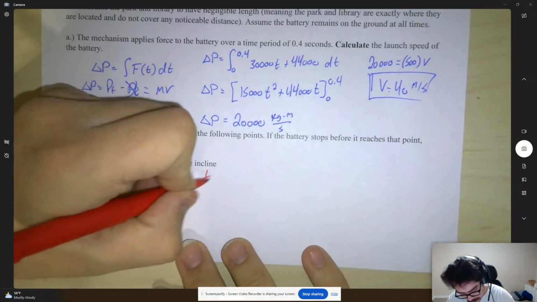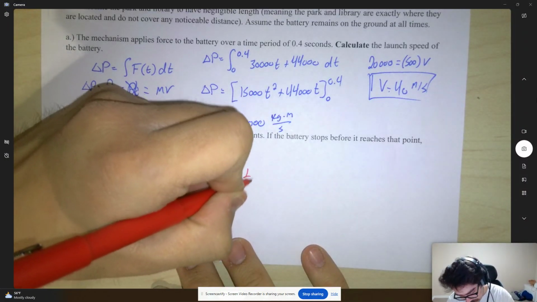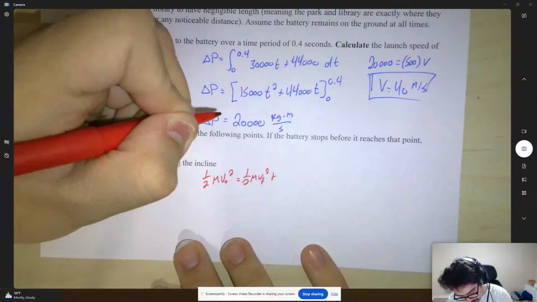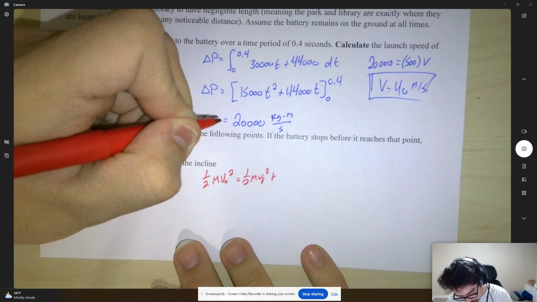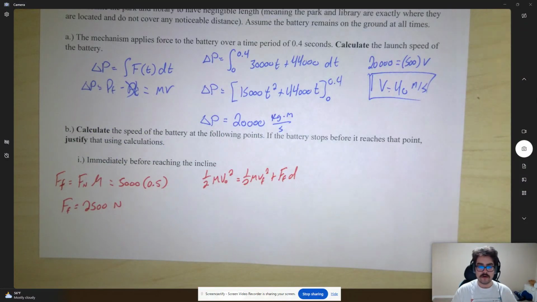I get 1/2 m v initial squared equals 1/2 m v final squared plus the force of friction times the distance. I should actually know all of these values now.